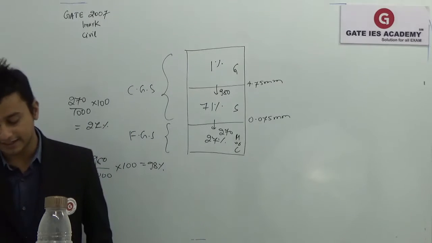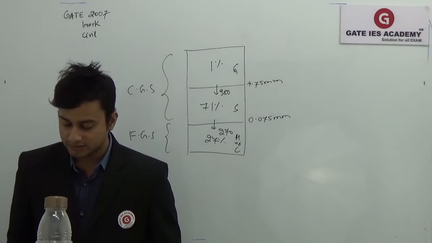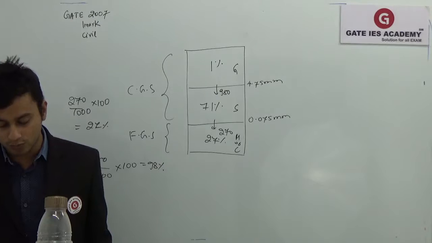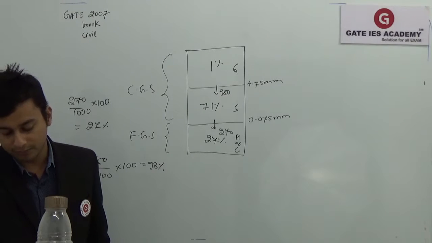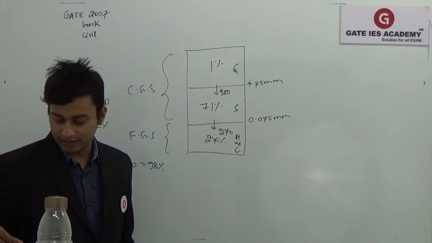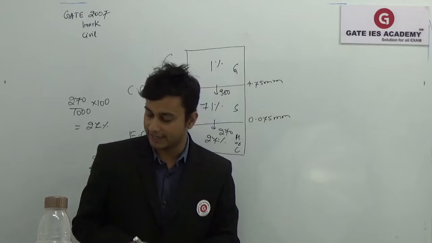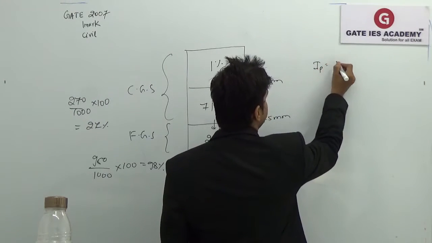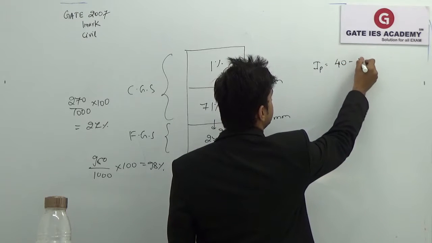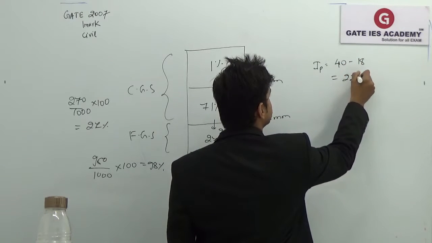Next what they are saying is that liquid limit and plastic limits of the soil fraction passing through 425 micron sieve are 40% and 18% respectively. They have given the liquid limit and the plastic limit as 40% and 18%. So my actual IP will be 40 minus 18, that will be equal to 22%.